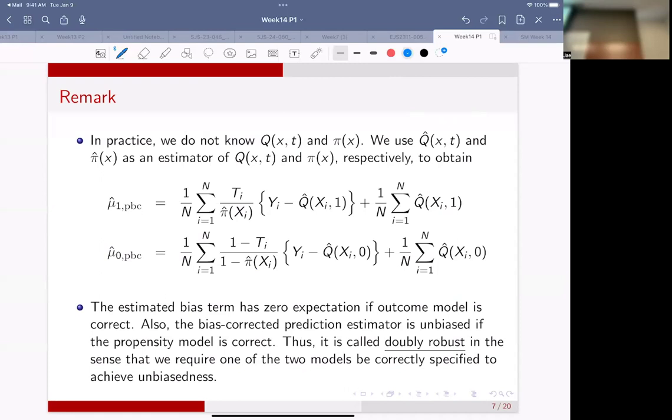So the estimated bias term has zero expectation if the outcome model is correct. Also, the bias corrected prediction is unbiased if the propensity model is correct. So it is doubly robust, in the sense that we require one of two models to be correctly specified to achieve unbiasedness.